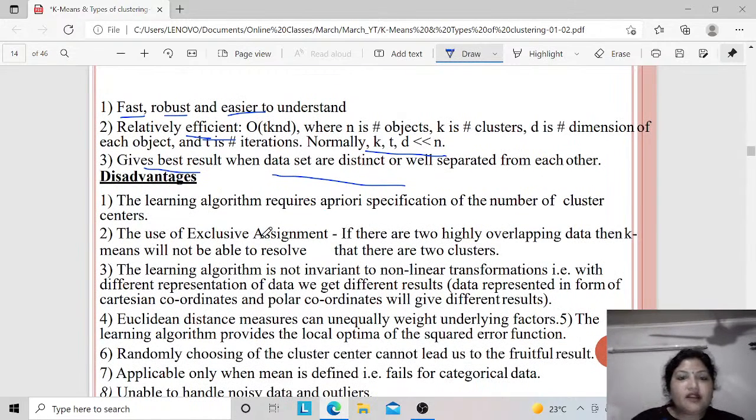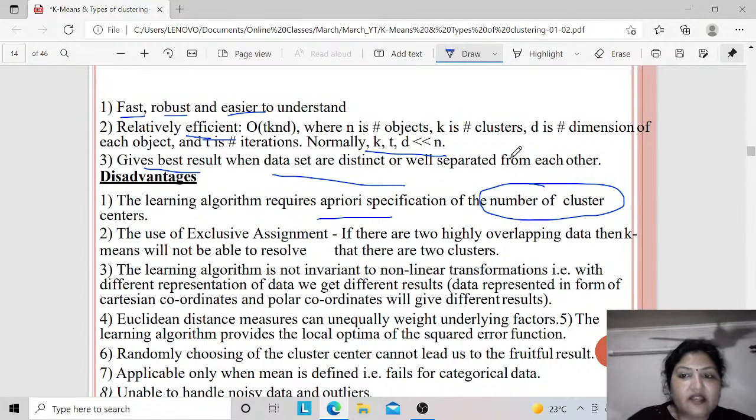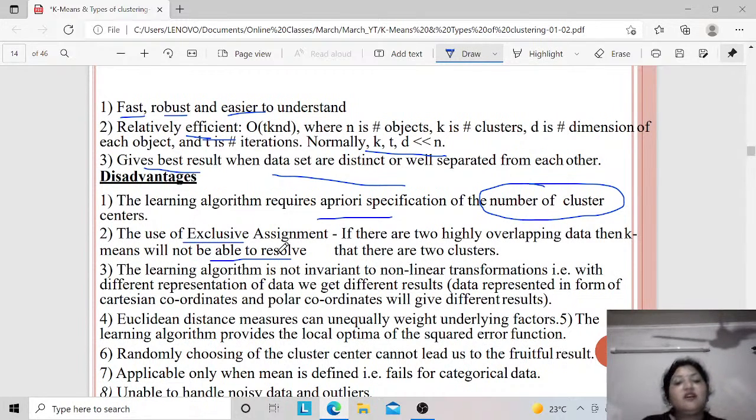What are the disadvantages? The learning algorithm requires a priori specification of the number of clusters. If you don't know the number of clusters, how are you going to segregate the data points, right? The use of exclusive assignment: if there are two highly overlapping data, then k-means will not be able to resolve them if the distance is very small.